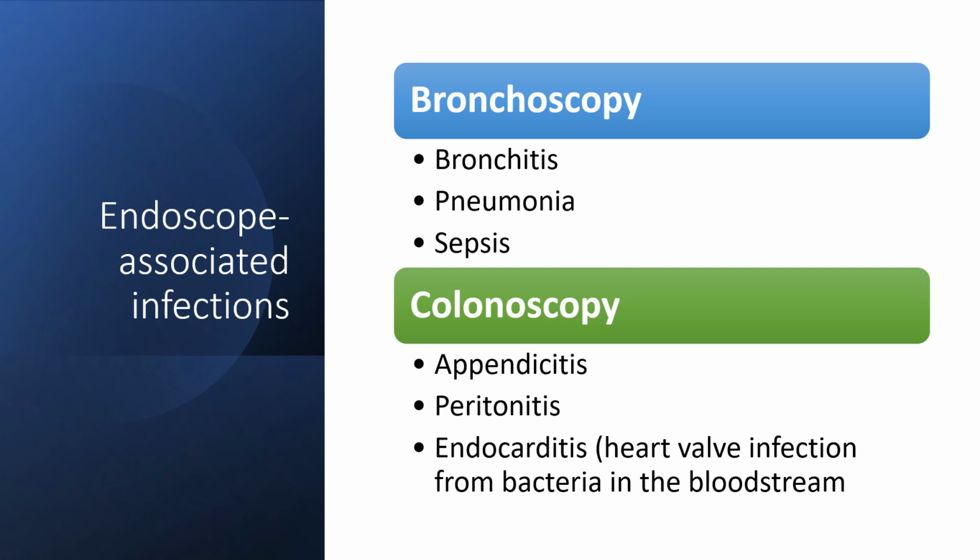That is a potential infection, as well as pneumonia, as well as sepsis. For colonoscopies, you have the potential to have an infection in your appendix, the peritoneum, which is the area surrounding your intestines, as well as endocarditis, which is a heart valve infection. That occurs because that is a very vascular area. If it's picked up in the bloodstream, it will carry it all the way to the heart.